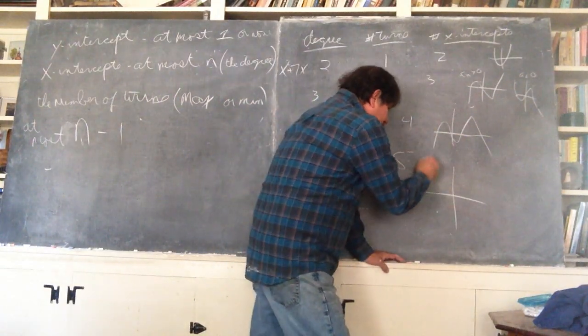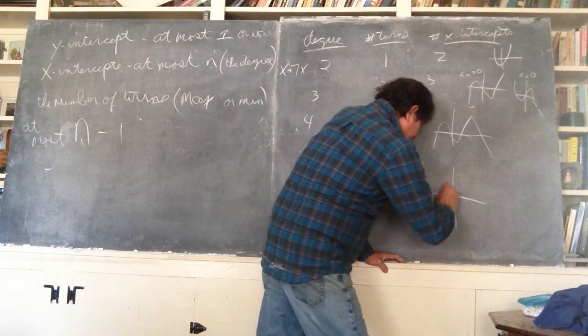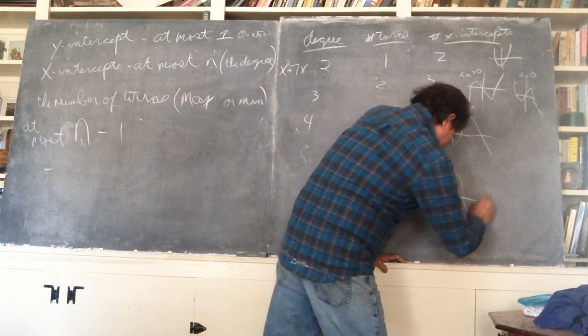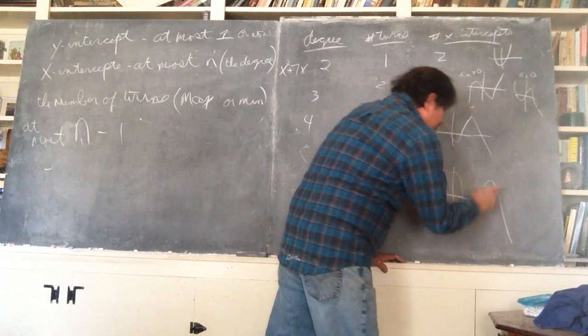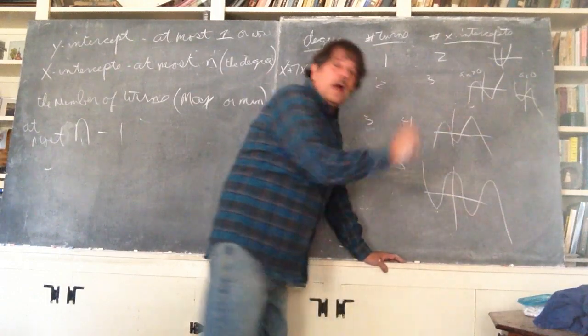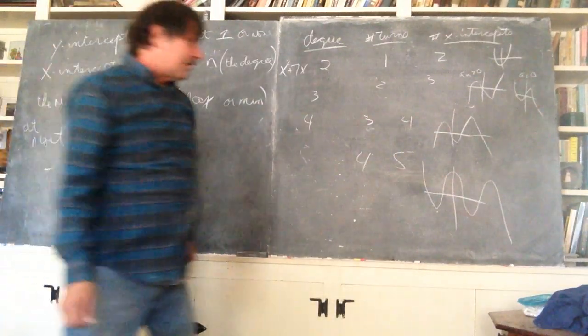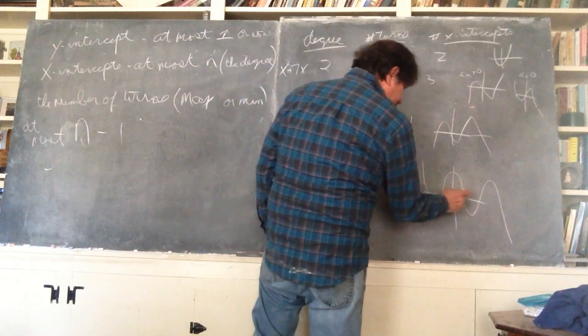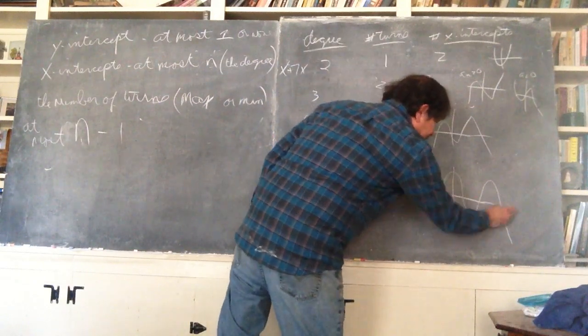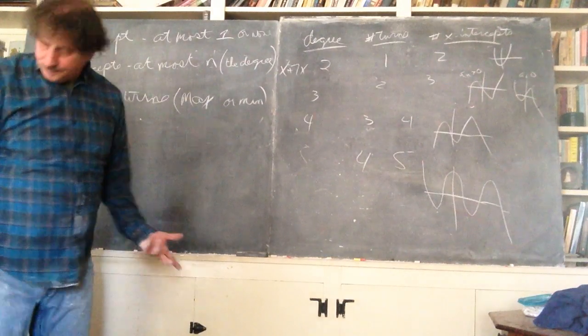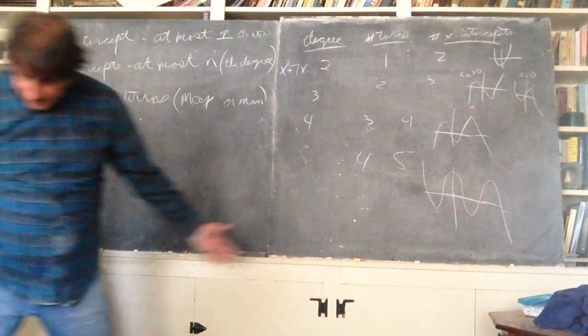It goes down, goes back up, goes down, goes back up, goes down again. 1, 2, 3, 4, at most 4 max and mins, and 1, 2, 3, 4, 5 x-intercepts. And it continues like that.